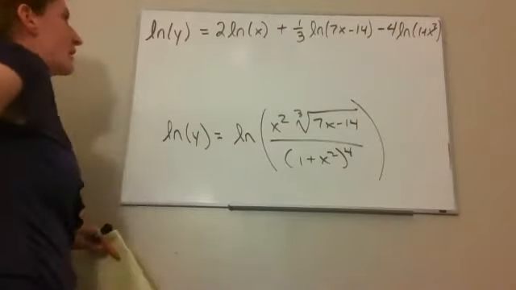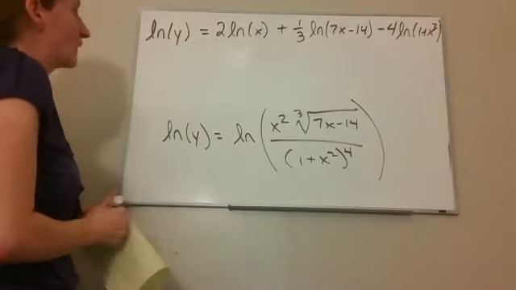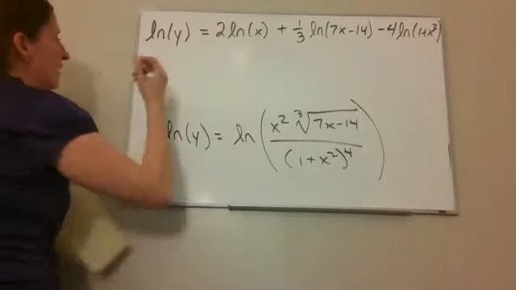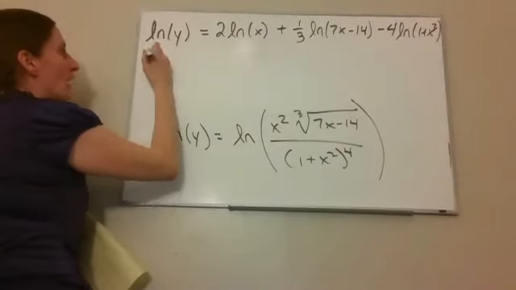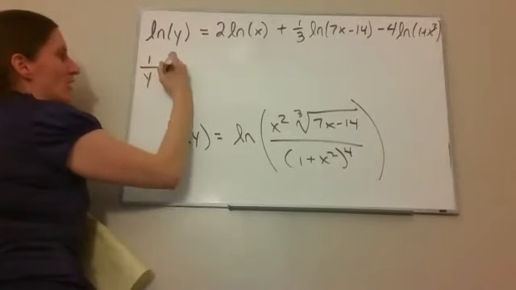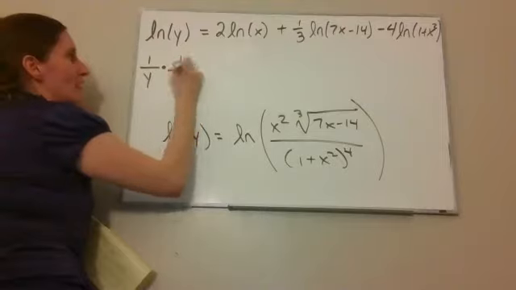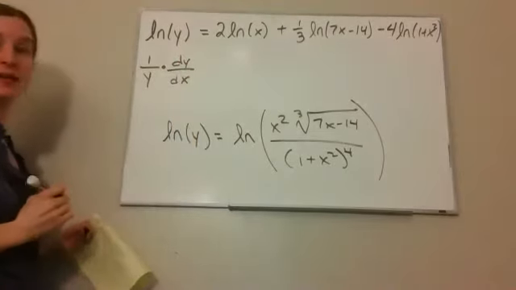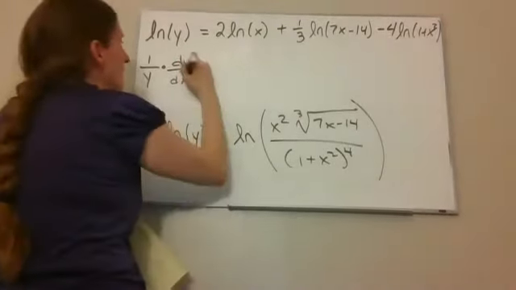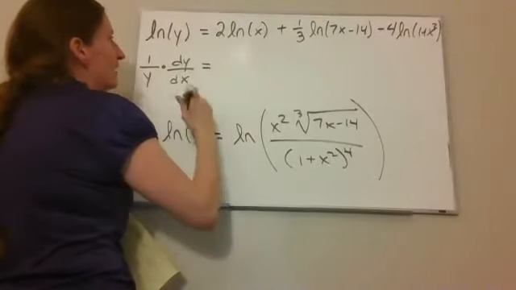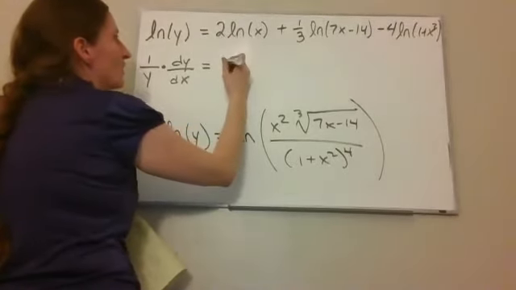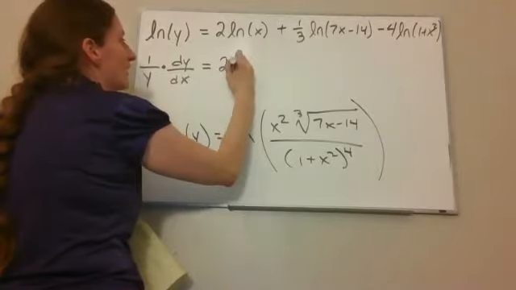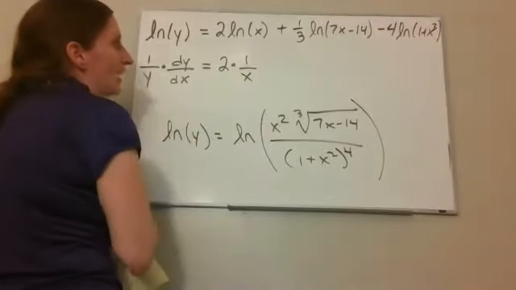So we are going to take the derivative of both sides of the equation. Derivative of natural log of y would be 1 over y. But remember, with implicit, you need to multiply by dy dx. On the right side, 2 times the derivative of natural log of x is 2 times 1 over x.